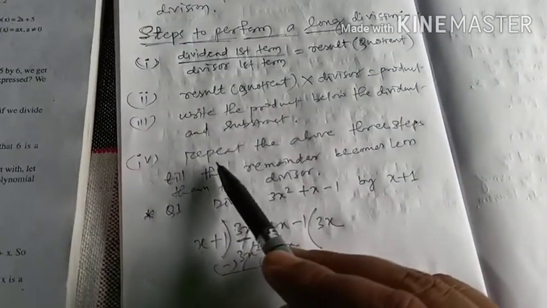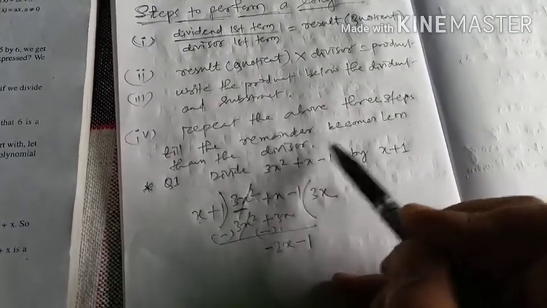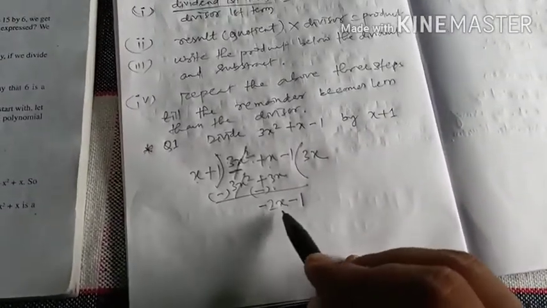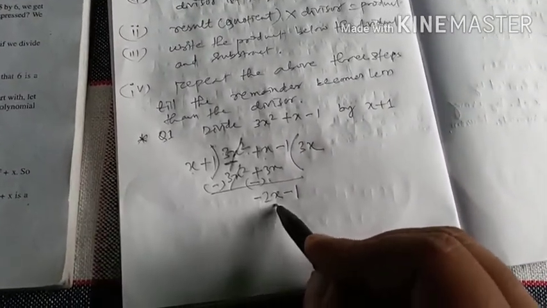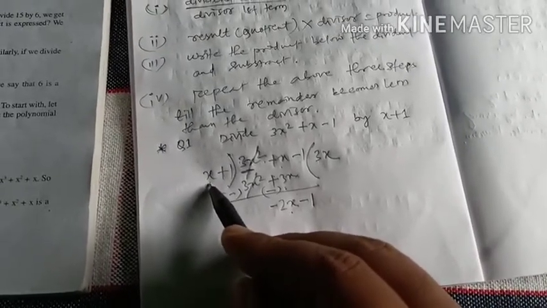Look at the fourth step: repeat the above three steps till the remainder becomes less than the divisor according to the degree. Look at the degree of the dividend, now it is 1, and the degree of the divisor is also 1. So again we can divide.